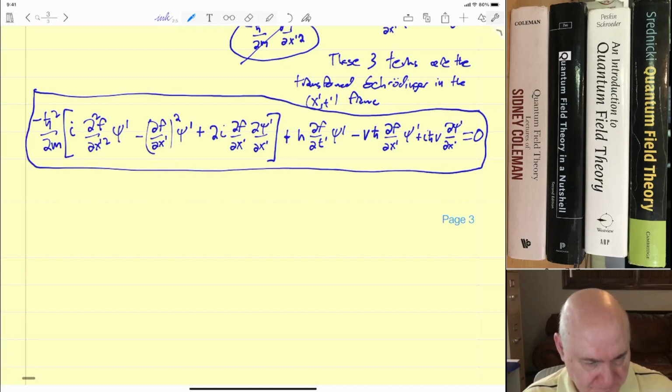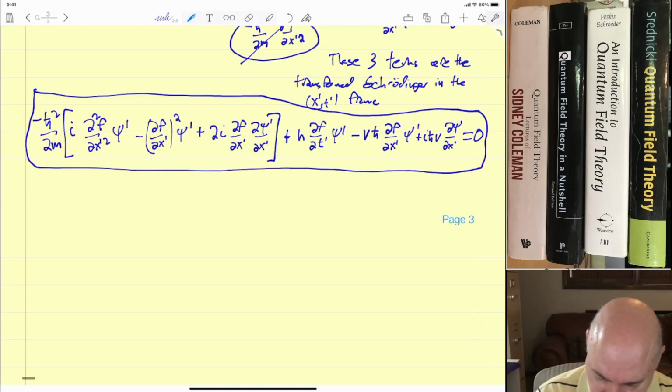So now let's start looking at this equation a little bit more. We have to find an f so that this equation is always satisfied. Psi and psi prime are in a sense independent.